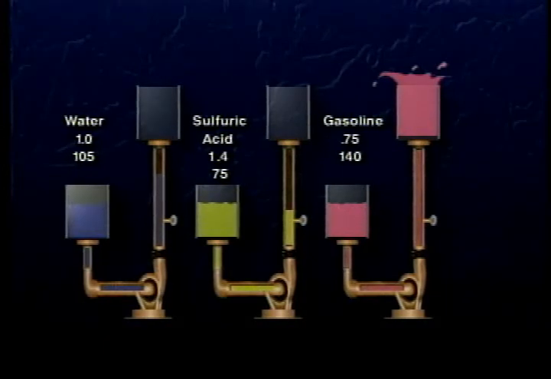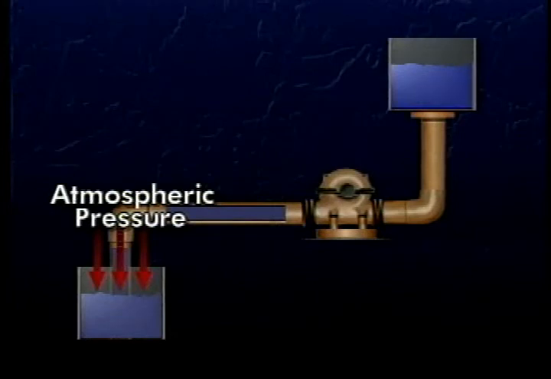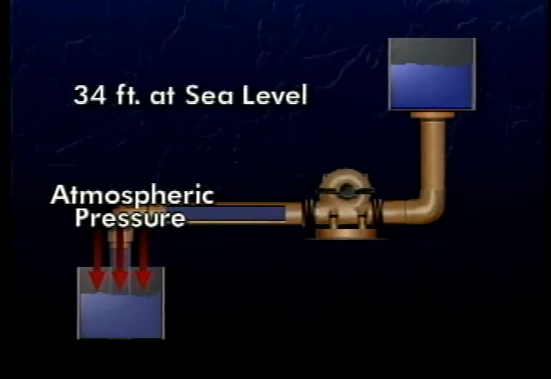Something else that sometimes affects static head is net positive suction head, often just called NPSH. In the system we've been describing, the pump does not really lift the fluid up the suction line. Instead, atmospheric pressure pushes it up. Atmospheric pressure, or head, is never more than 34 feet at sea level, even less at higher elevations.